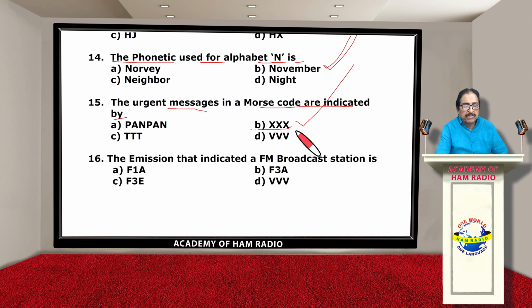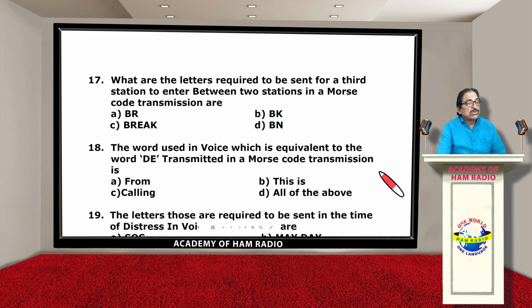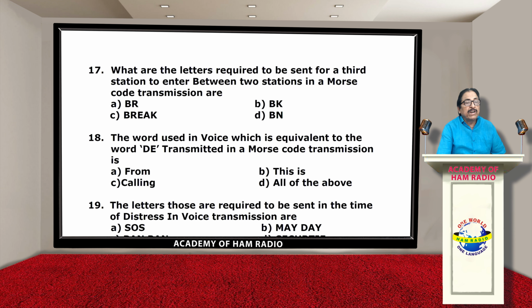The emission indicated in an FM broadcast station is, in this case, F3E. Charlie is the answer. So question number 17 comes.